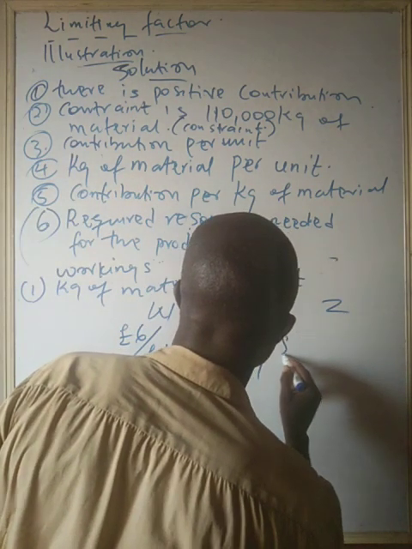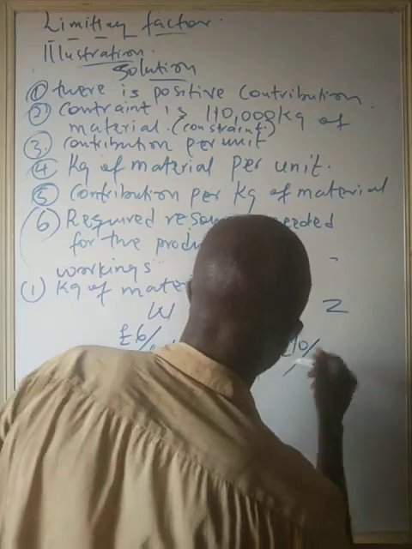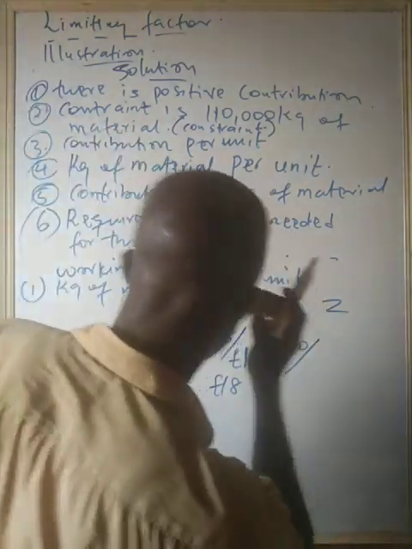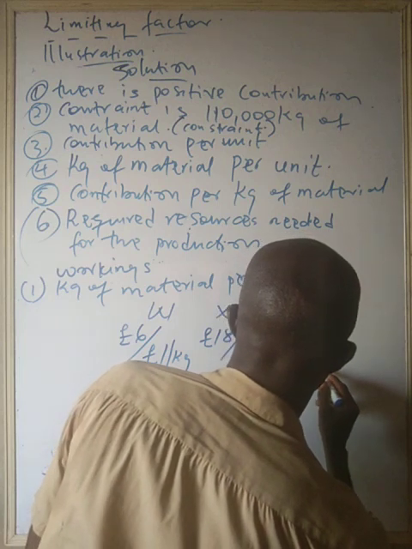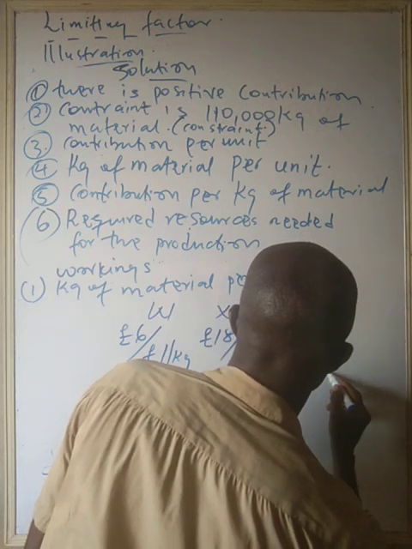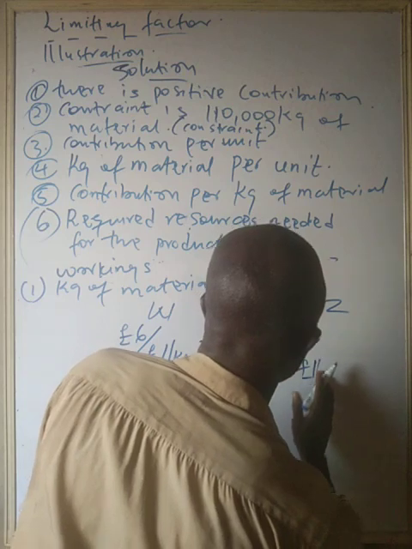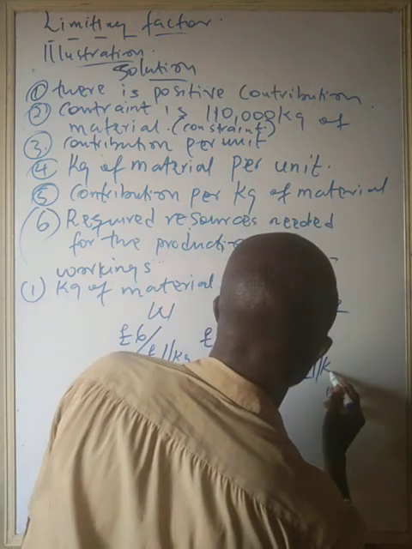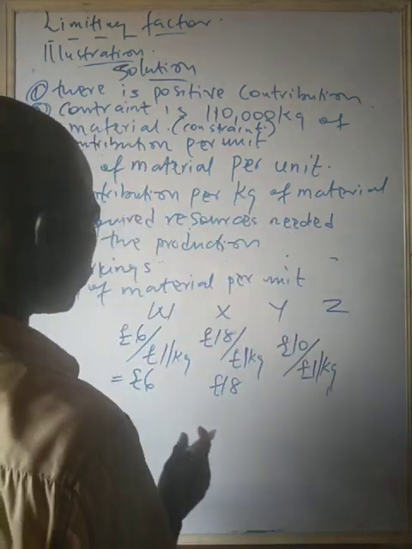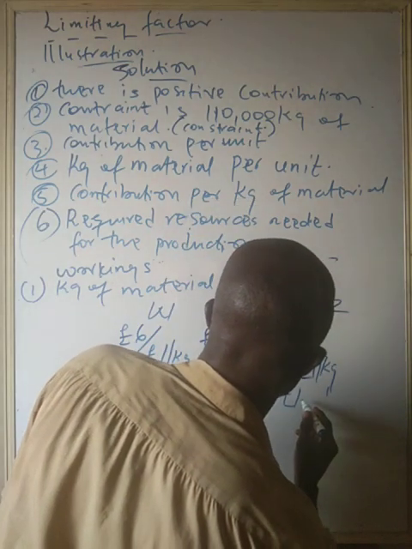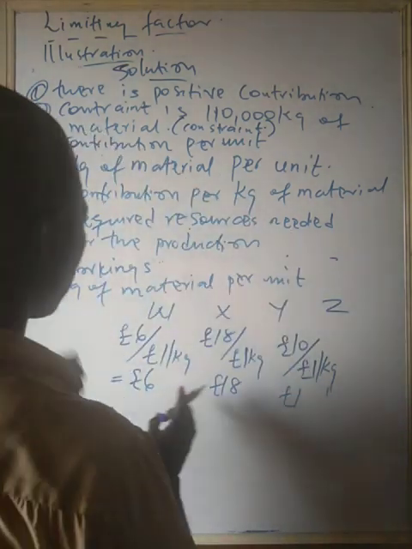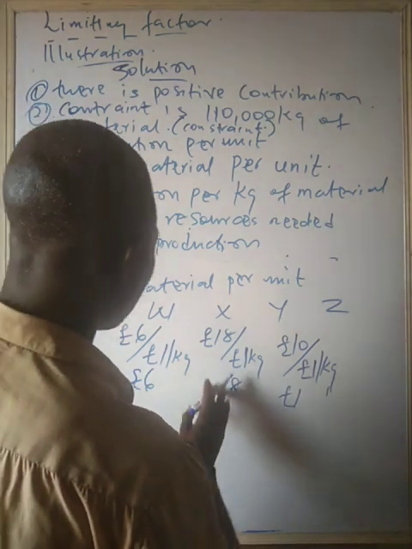That is 10 pounds divided by 1 pound per kg, and that gives us 10 kg.